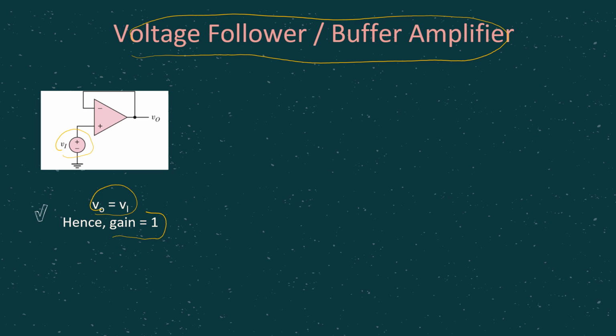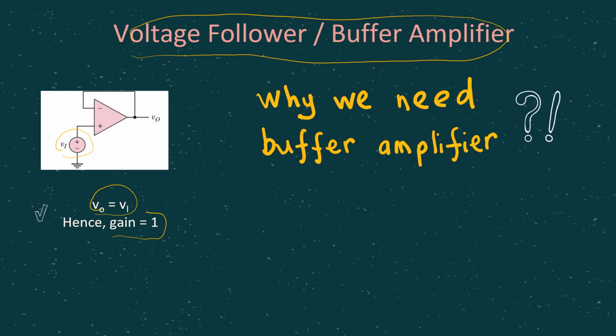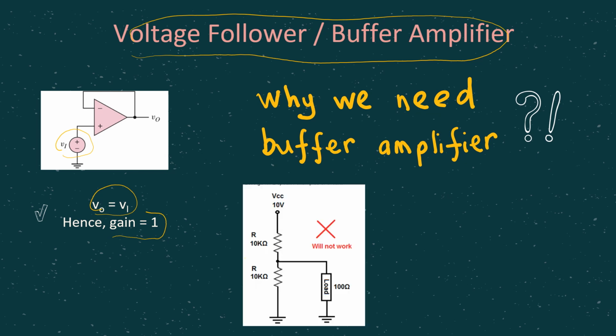So you might be wondering why we need this buffer amplifier, because the gain is 1, meaning it does not amplify the signal, right? So I give you the scenario here. Let's say you have this circuit, where the current will be flowing from the voltage source, and it goes through the resistance. But normally for the load, the resistance value is very low.